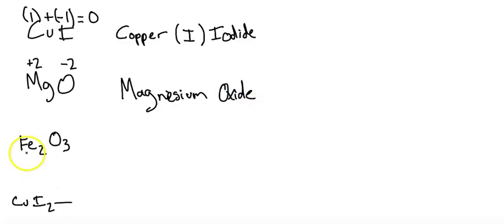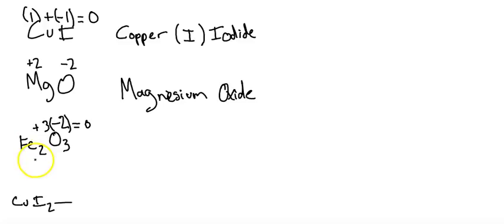All right, next we have Fe2O3. We do know Fe is in the middle of our periodic table. So we can start out by looking at the charge of our oxygen. Our oxygen has a -2 charge. And by looking at the number below oxygen, we know that we have 3 of these. So we're going to need to add that to something to get us equal to 0.